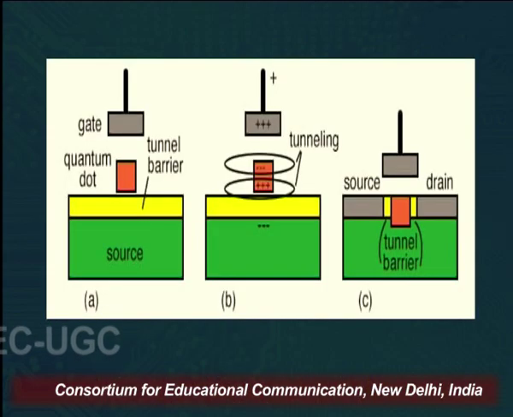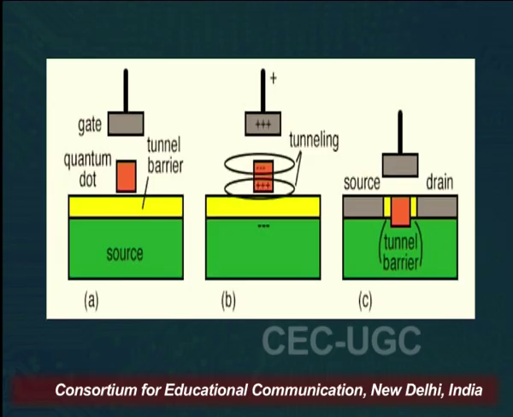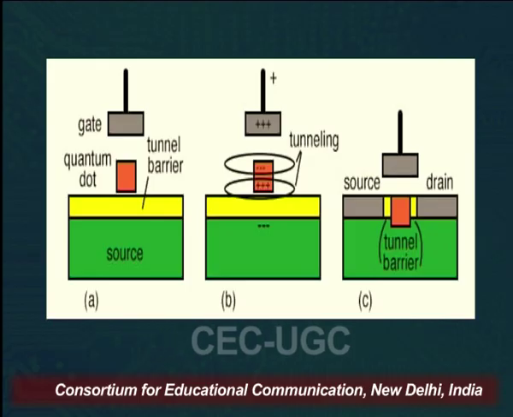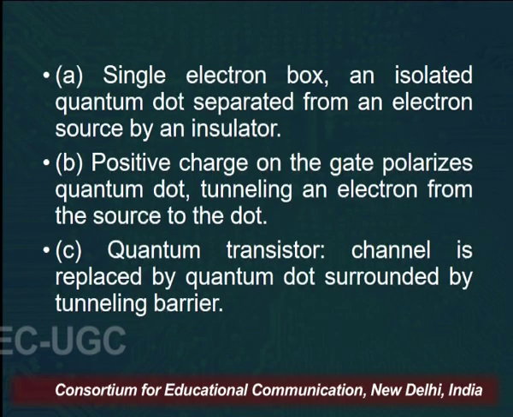So, a single electron tunnels to the dot. We can see here that the first is not biased and another is biased. You can see that there is a possibility of tunneling from the source through the insulator. Tunneling starts in diagram B, and finally in C we have tunneling.